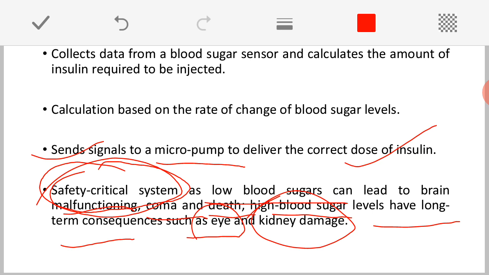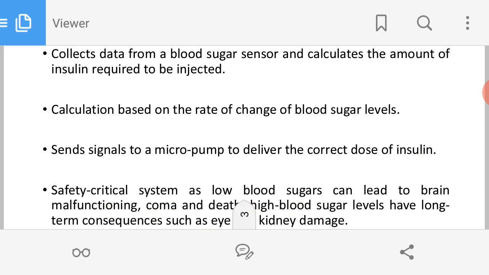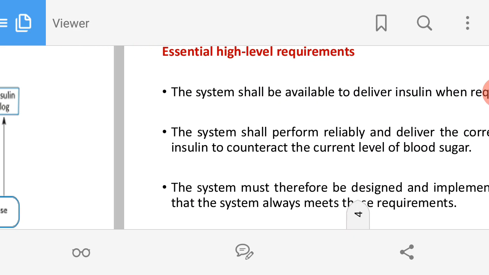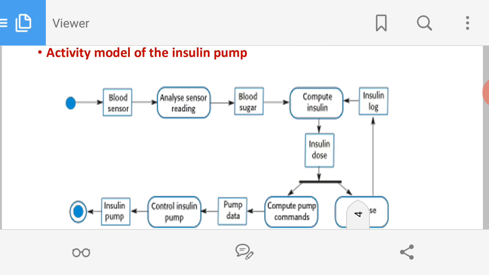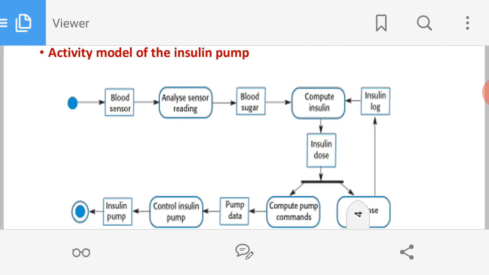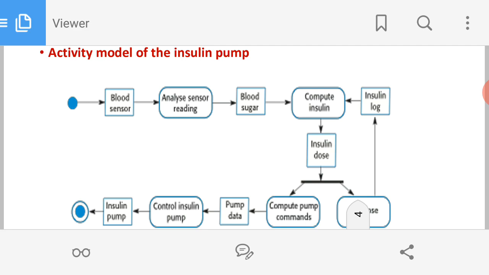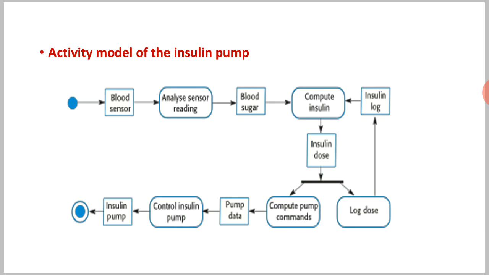Okay. And now, just have a look at how this overall functionality will take place. This is the diagram, called the activity model of the insulin pump. Just have a look at the name of this diagram here, it is the activity model.